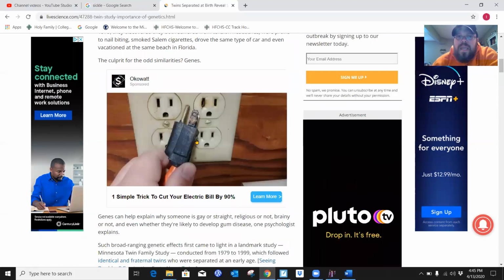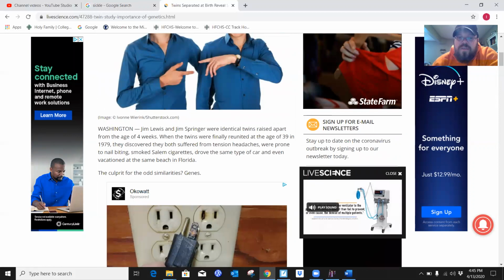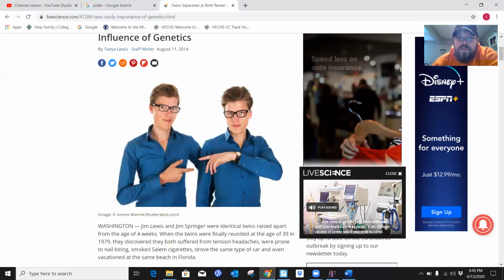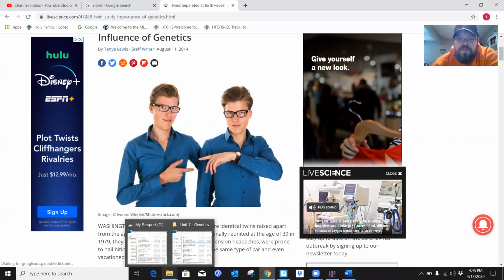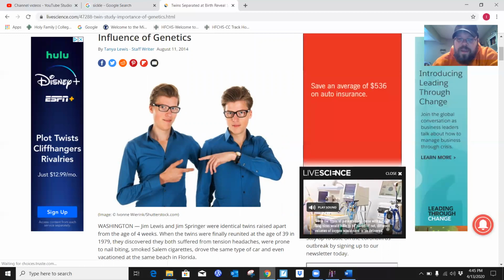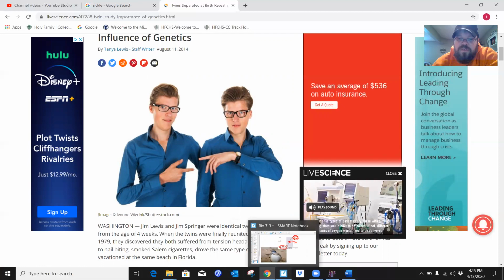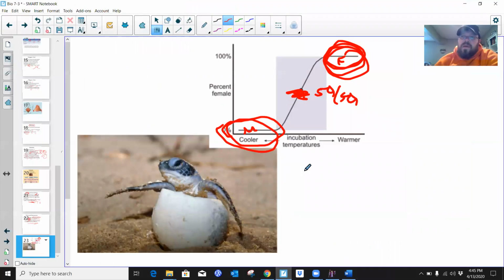And I challenge you guys, if you know any identical twins, look closely at them. We have identical twins at Holy Family, and we've had several sets of identical twins at Holy Family over the years. If you look closely, you'll notice that there's a little bit of a difference, even though they are genetically identical.